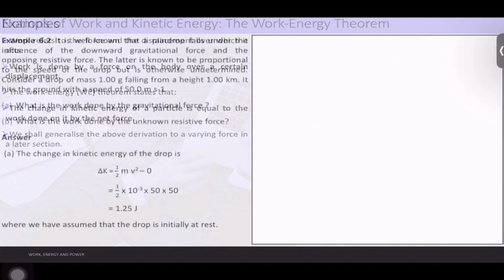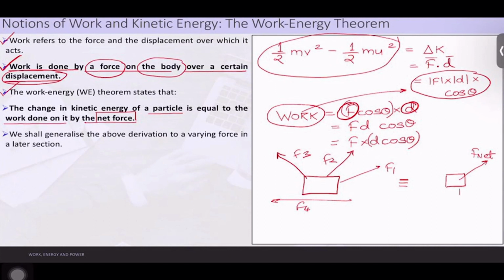This F net leads to this displacement S. So if we can find this F net, we can find this S, and the change in kinetic energy which would have happened is nothing but equal to this F net dot S. So that is explained by the concept of net force.